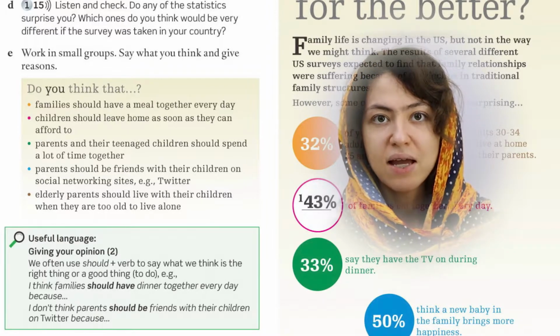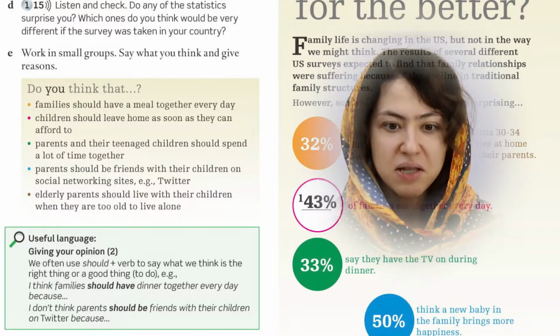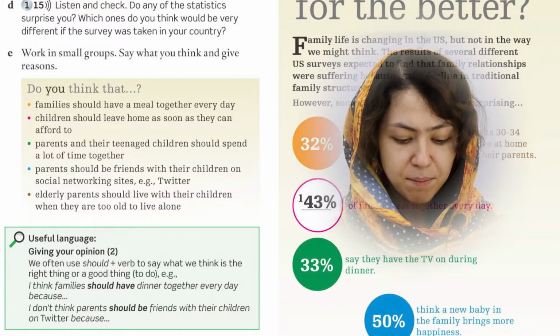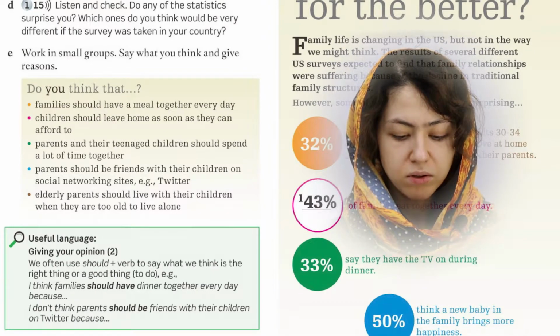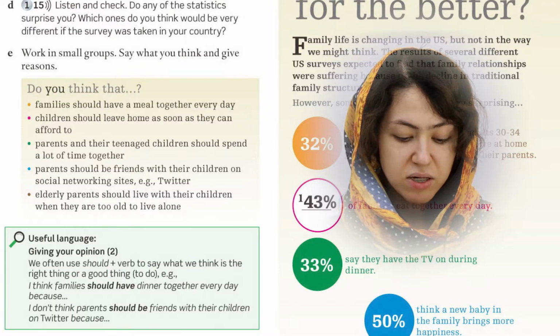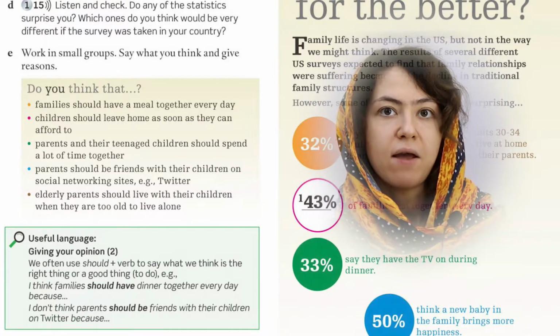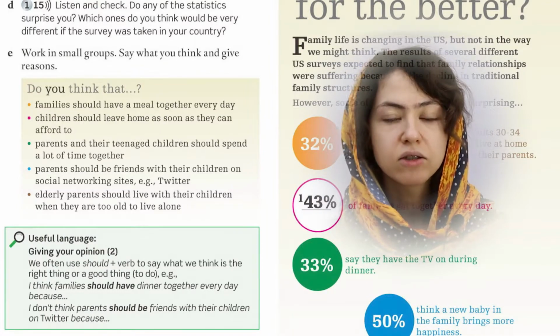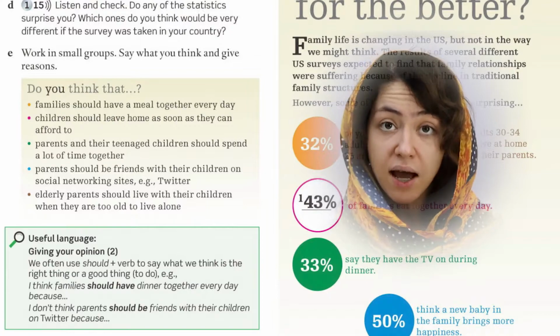Send some texts, send photos, share some different things like this. So, elderly parents should live with their children when they are too old to live alone. For instance, if your parents get old, they're over the hill, so they can join you and live with you. Is it a good idea?